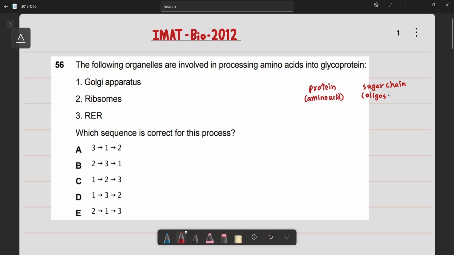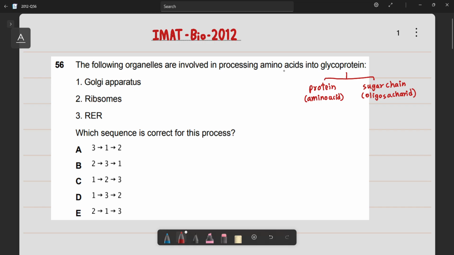An oligosaccharide is basically like a polysaccharide, but quite smaller, because a polysaccharide might have many more glucose units. So the basic definition of a glycoprotein is a sort of modified protein that has a sugar chain attached to it as a modification.